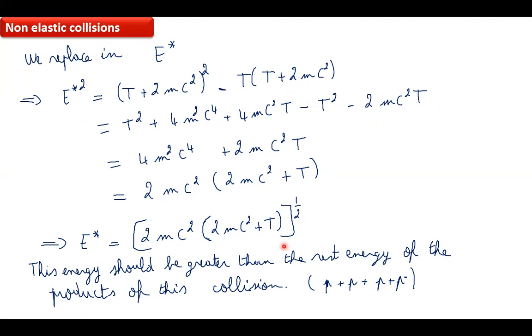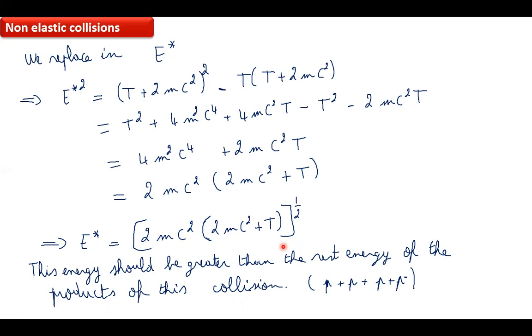This is E star, and you know that the energy in R star is the minimal value of energy. This minimal value should be at least equal to or greater than the rest energy of the products after collision. Because after collision, you have four protons, proton 1 and proton 2 plus the pair proton and antiproton.